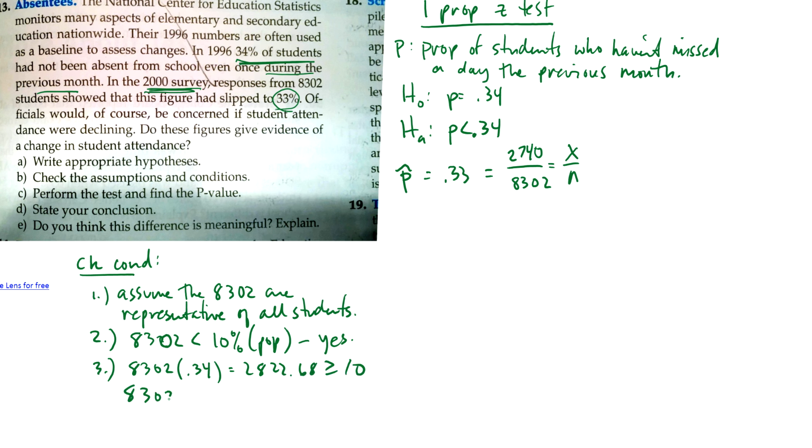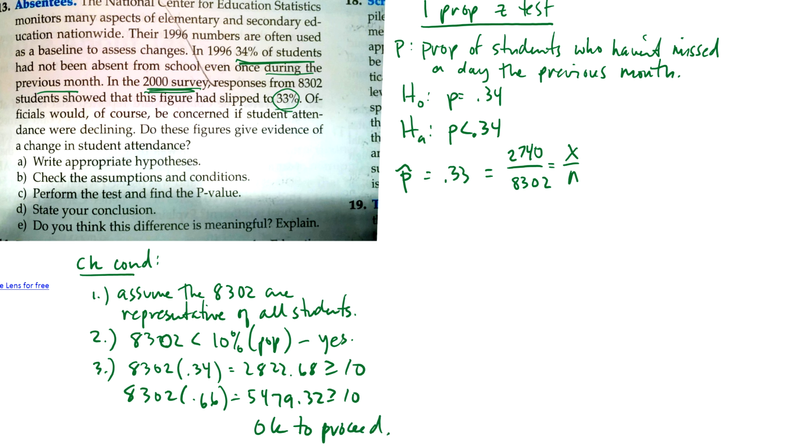And n times (1 minus p), 8302 times 0.66, is 5479.32, which is greater than or equal to 10. So it's okay to proceed.